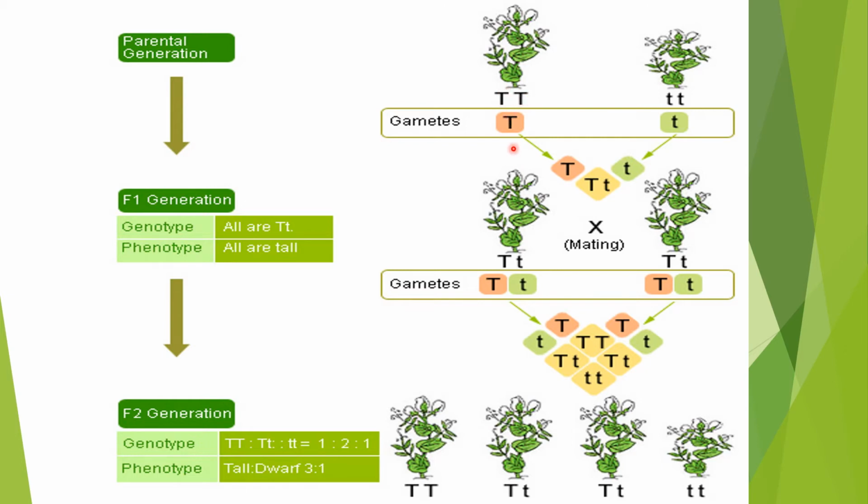The gametes which are formed by the homozygous tall plant will be having the capital T gene, and the gametes which are formed from the homozygous dwarf plant will be having the recessive gene, that is small t. When these gametes fuse during fertilization, the next generation of offsprings are produced, which are represented by the genotype capital T and small t.